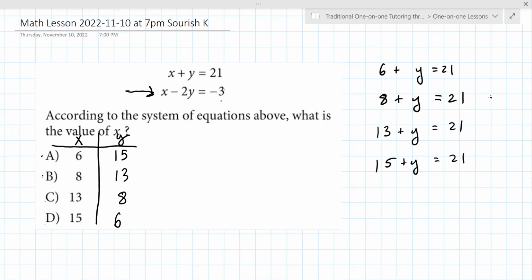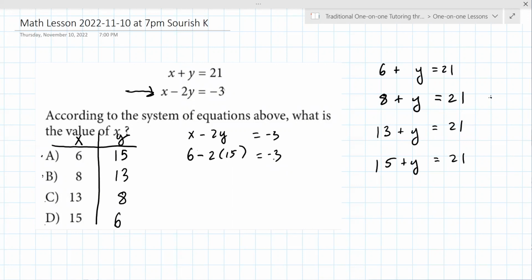Okay, so sorry, again, what I'm asking you to do is do 6 minus 2 times 15, because I'm plugging those values into the equation above. Is that -3? Does that work?